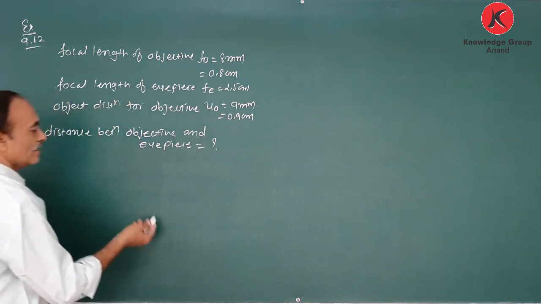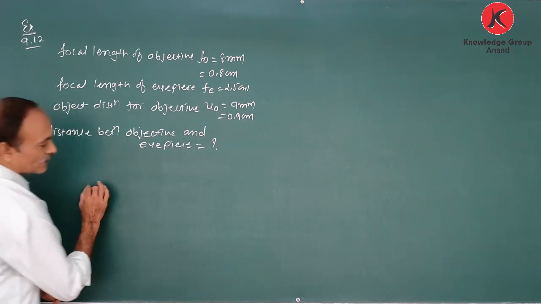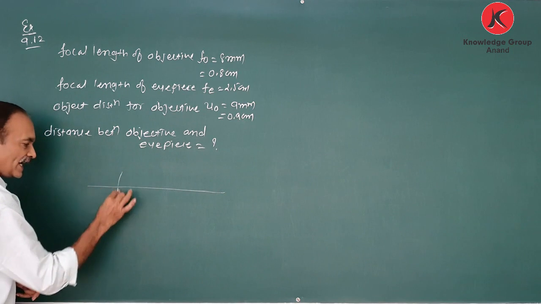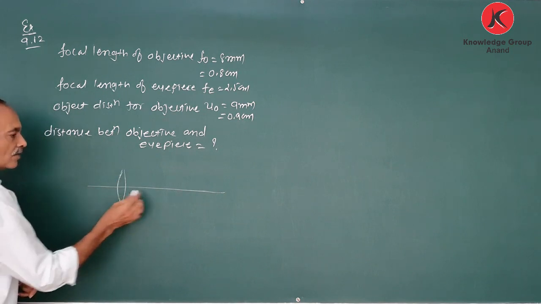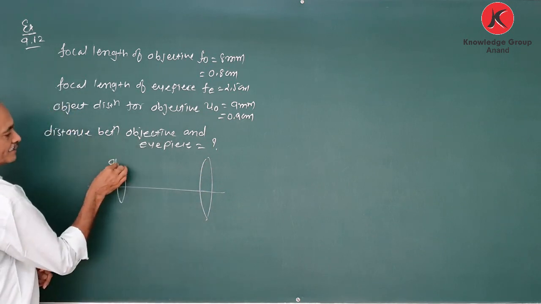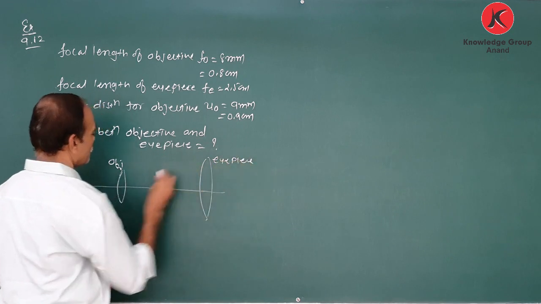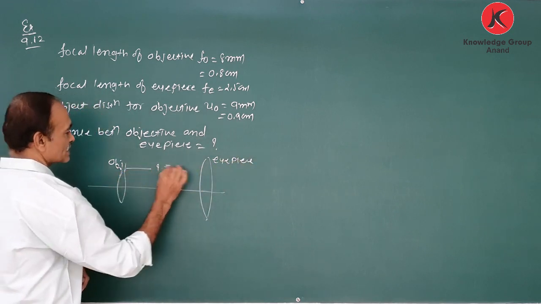So first thing, again for our understanding only, I draw the position of objective, eyepiece, and also the object and image. So there is the objective, there is the eyepiece. We require the distance between these two lenses.